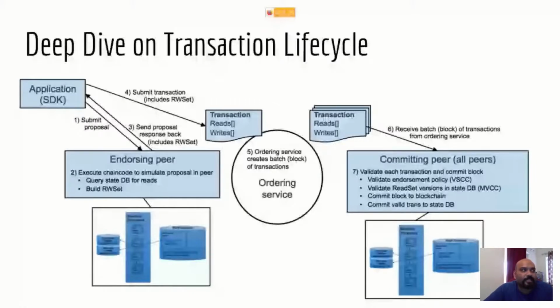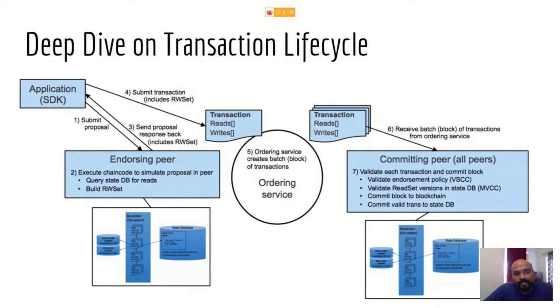This is interesting. This kind of simulation model is unique to the Hyperledger Fabric architecture. So what happens after this? After the simulation, it creates something known as a read-write set. Once the read-write set is generated properly, the proposal response is sent back, and with the read-write set, you get the response.